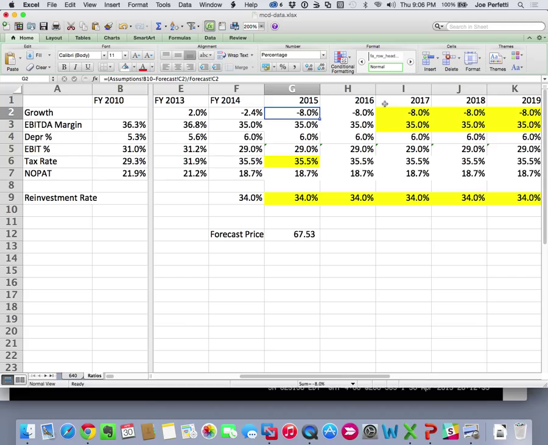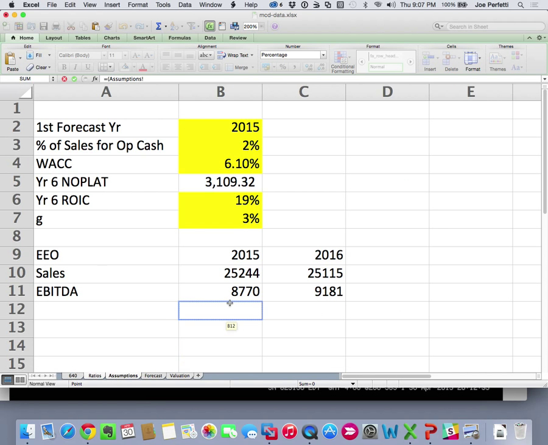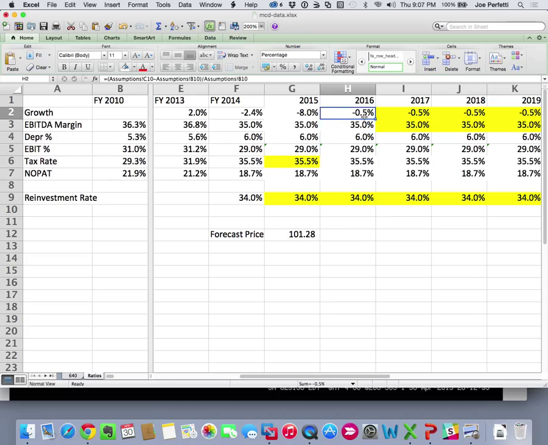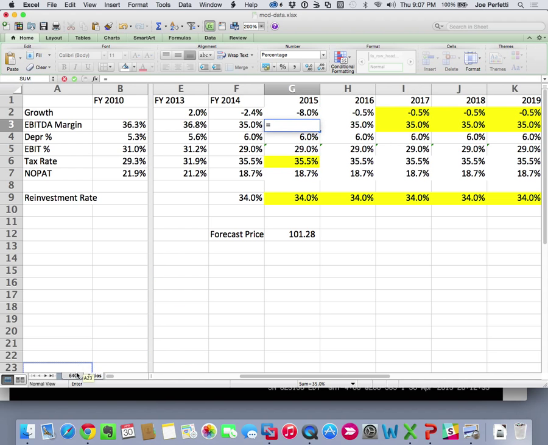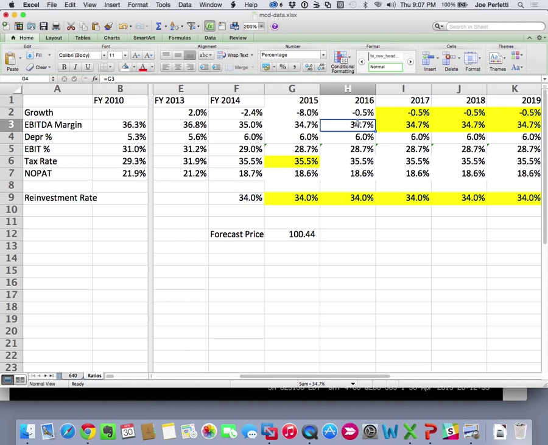It's getting ugly for them. -2%, then -8%. The year after that, the market is expecting McDonald's to shrink another 0.5%. Okay, EBITDA margins for 2015 is expected to be 34.7.